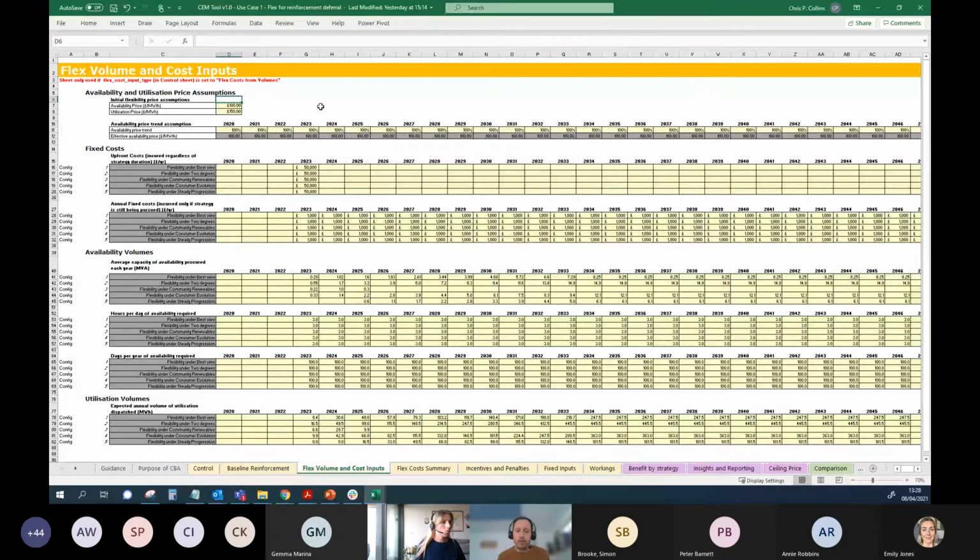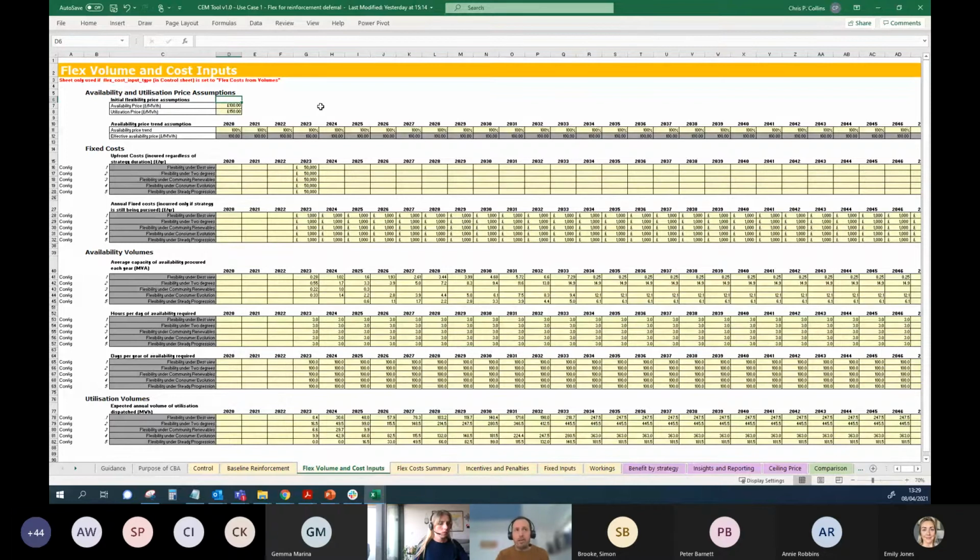It's up to the DNO to make sure that the scenarios that they've defined in terms of the load growth correspond to the volumes that are going into this tab. So if there is a small amount of exceedance, so if the peak load is just brushing over the capacity of the substation, that will correspond to a certain flexibility requirement.